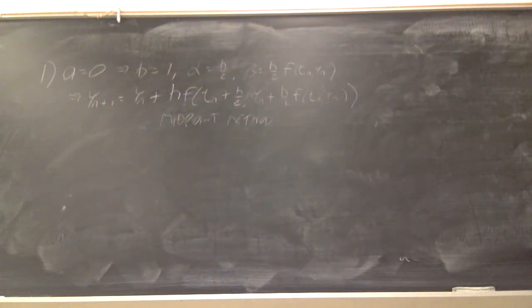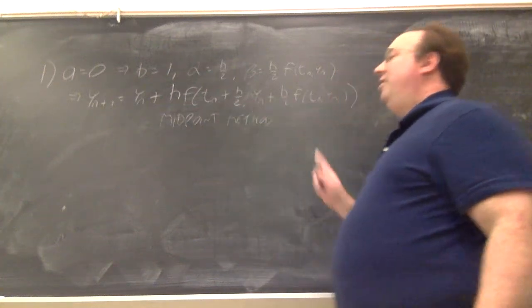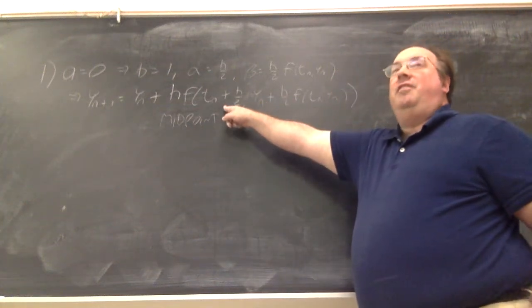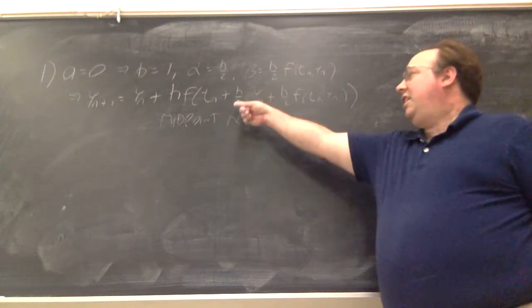Now, those of you who took 460 last semester, or any semester, I recall from numerical integration, one of the rules we saw was the midpoint rule, where you evaluate your integrand at the midpoint of your interval. This is the midpoint of the interval in time. You're going from t n to t n plus h. So you strike at the middle there.